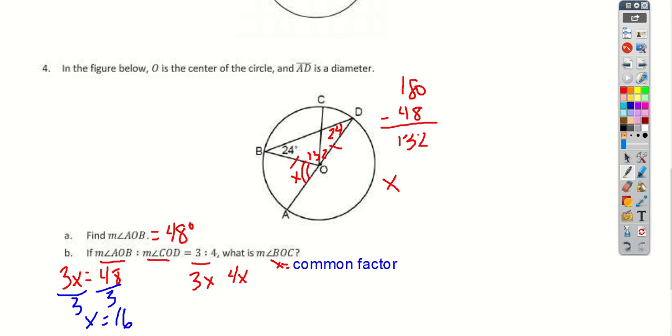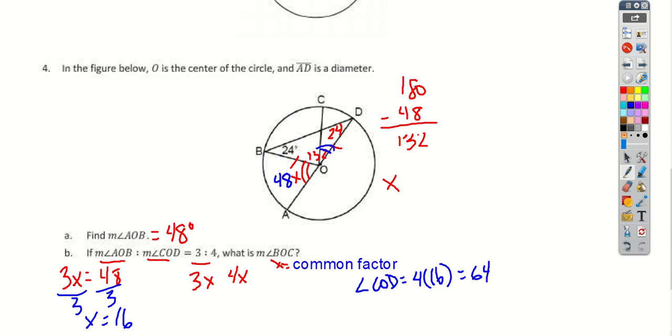Okay, so this angle is 48. COD, not drawn to scale, people, on this side is 4 times 16, so angle COD is 4 times 16, and that, I believe, is 64. We want to know the measure of angle BOC.